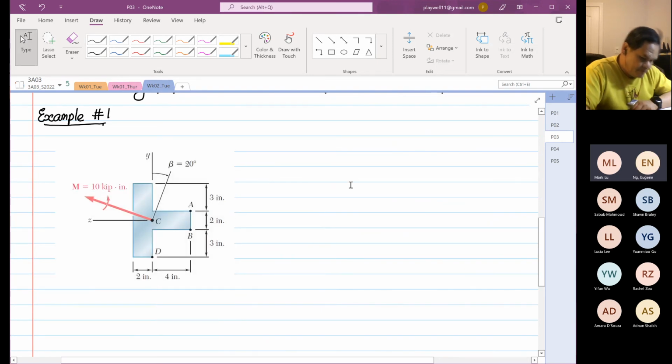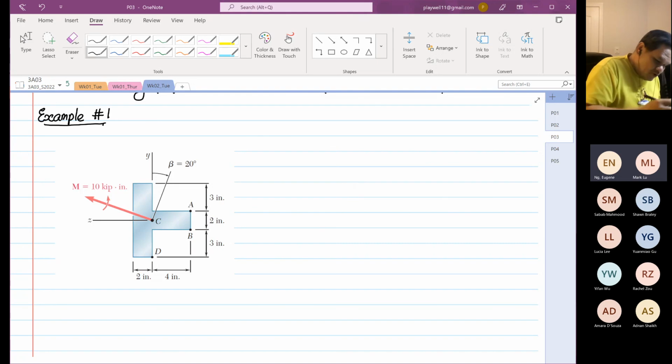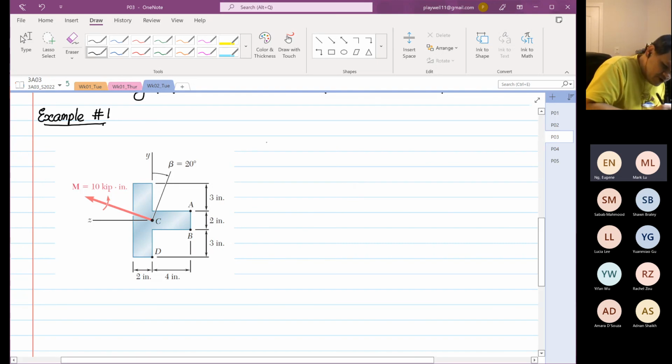For this example, you can see that the moment can be broken down into two components: moment about the y-axis and also moment about the z-axis.